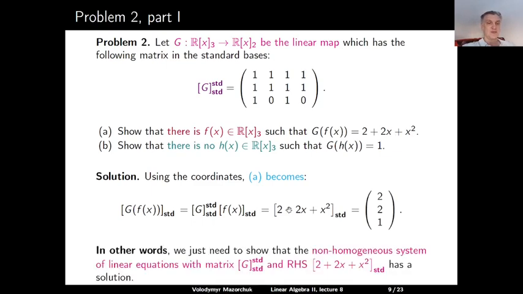In other words, to show that such f(x) exists, we need to show that the non-homogeneous system of linear equations, whose matrix is the matrix of G in the standard basis and whose right-hand side is the vector (2, 2, 1), has a solution.